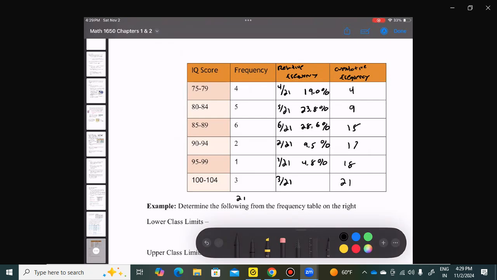And 3 divided by 21 is 14.3%. We add these up. We get exactly 100%.